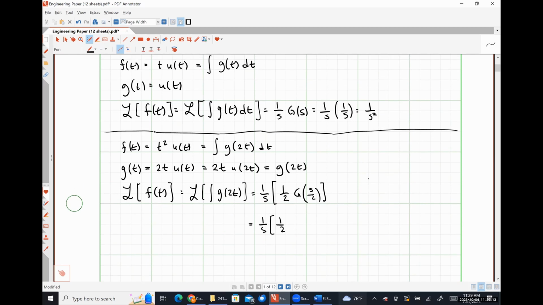And now I'm going to use my relationship for t of u of t, right? So that's going to look like 1 over s divided by 2 quantity squared.